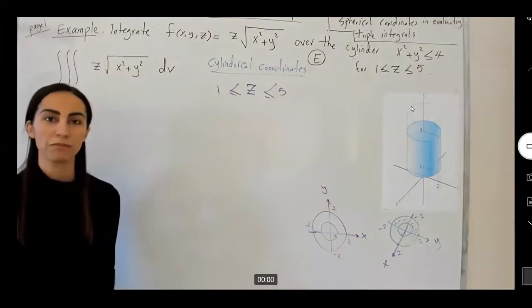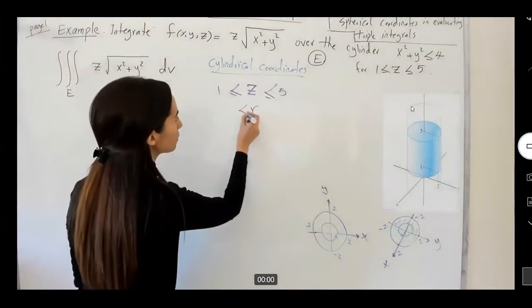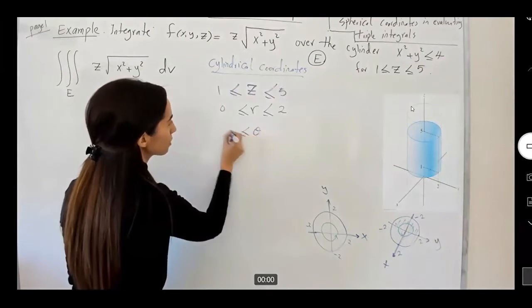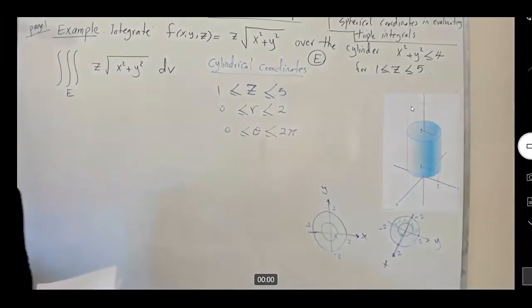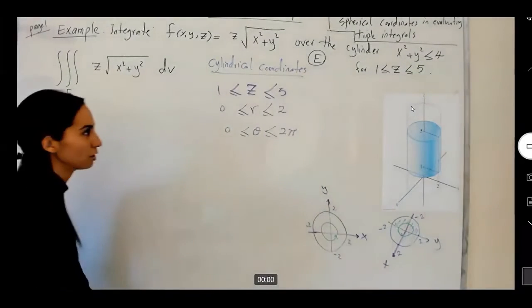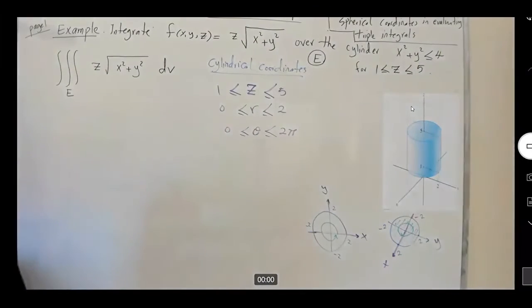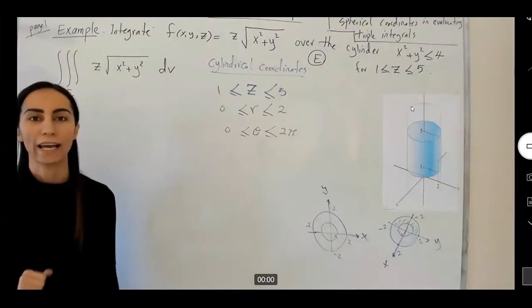So z is bounded between 1 and 5. r is bounded between 0 and 2. And theta is bounded between 0 and 2 pi. These are the boundaries for our shadow, our region projected in the xy plane.